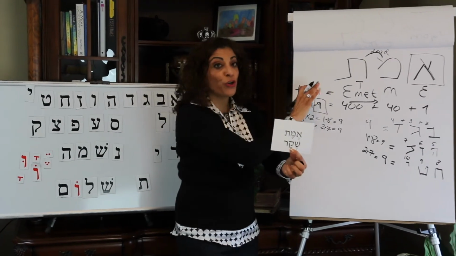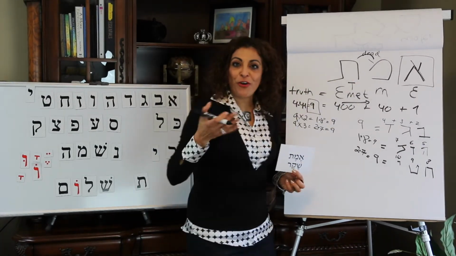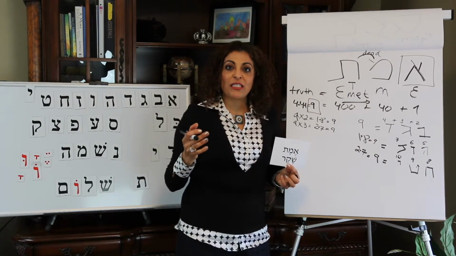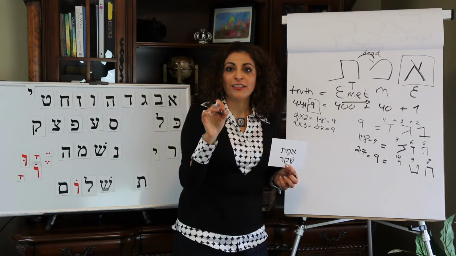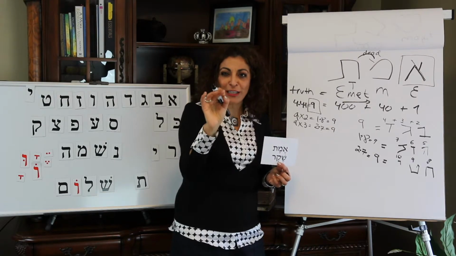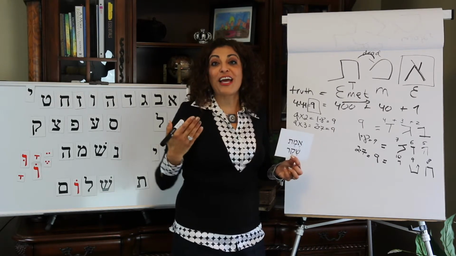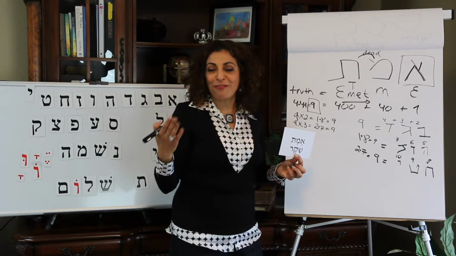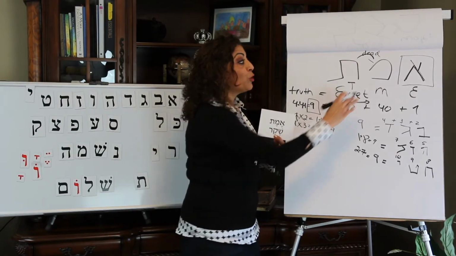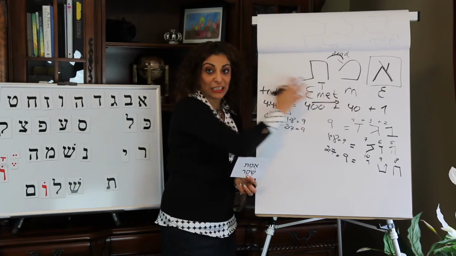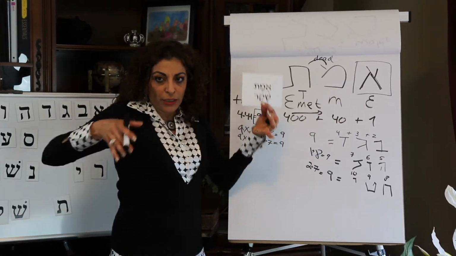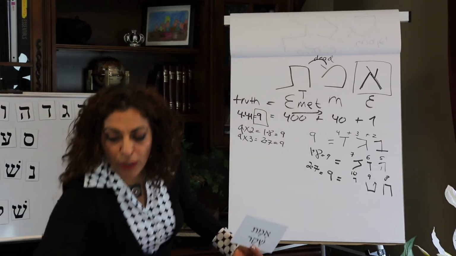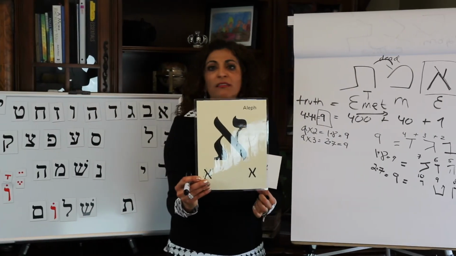Now, look at the word truth. Have you heard the phrase in English where it says, you don't have a truth to stand on? You don't have a leg to stand on? Something like that, right? This is the non-native Hebrew, non-native American speaker, right? But just look at the word itself physically. The Aleph is very solid. It has both legs. It's not going anywhere.